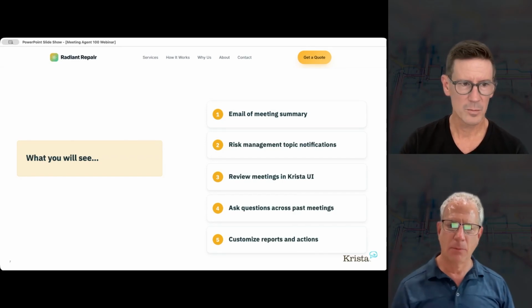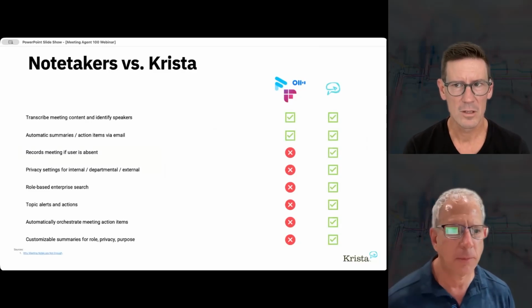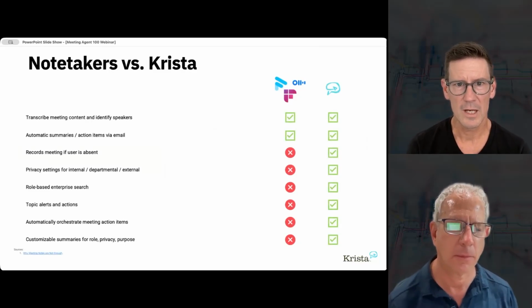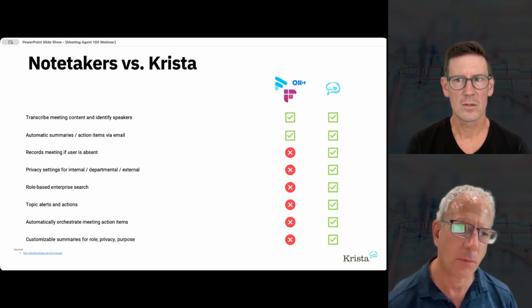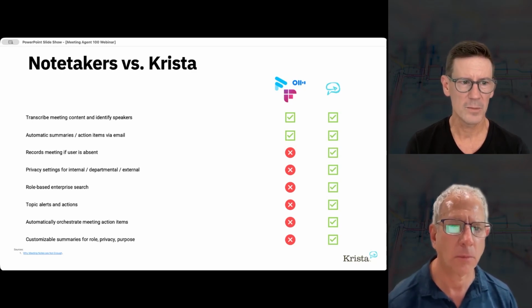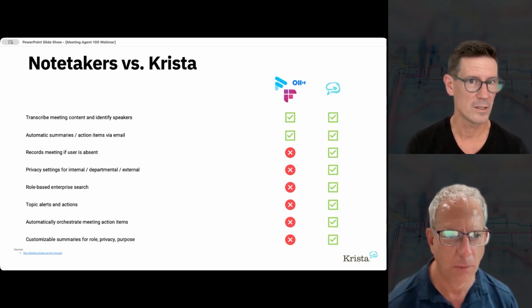So, super, super cool. What makes this different from the other note takers? The note takers do a lot of this, right? They attend your meetings. Some of them record a little bit differently. Some of them record locally and upload that. Some of them record in the cloud.